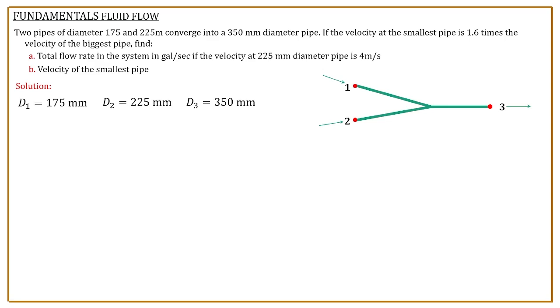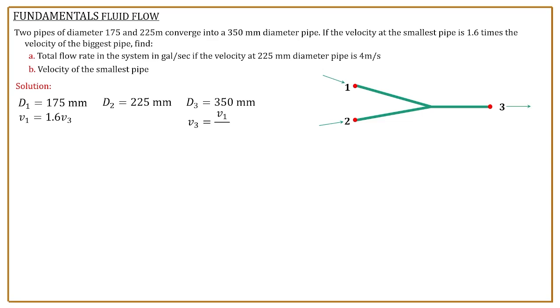Sabi, if the velocity at the smallest pipe is 1.6 times daw nung velocity nung biggest pipe, we can represent this as V1 equals 1.6 ng V3 since nasa kanya yung largest diameter ng pipe. Then, yung V2 walang kaproblema, binigay sa atin na 4 meter per second.